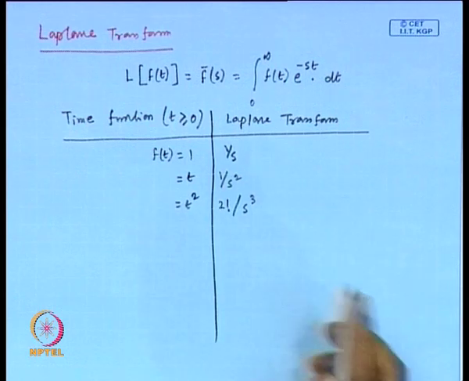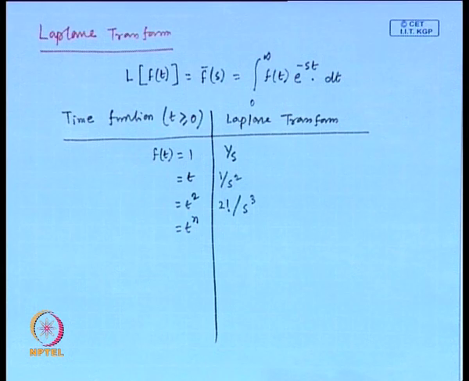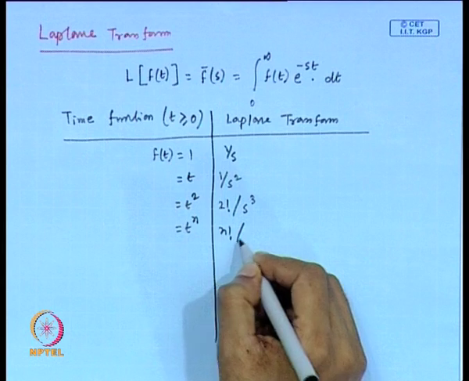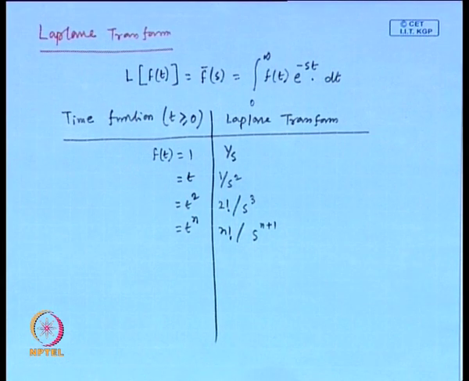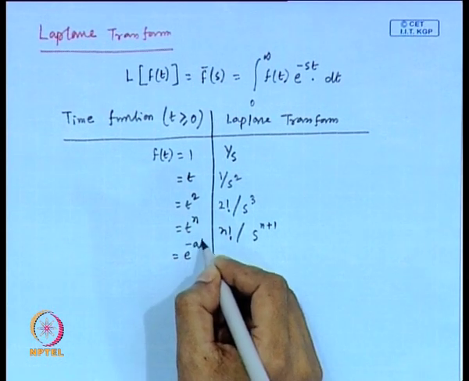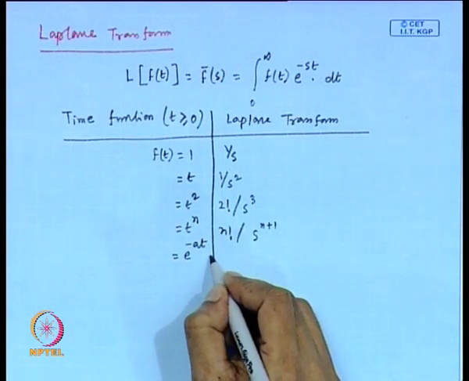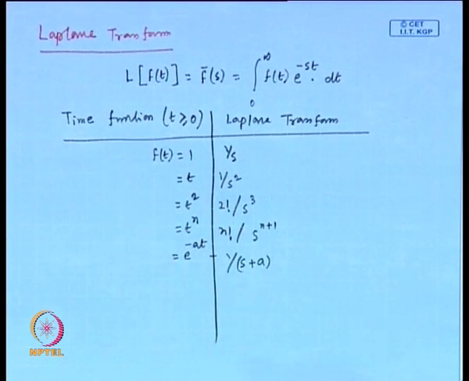If this function is t to the power n, then this becomes factorial n divided by s to the power n plus 1. If this is e to the power minus a t, Laplace transform of this is 1 by s plus a.